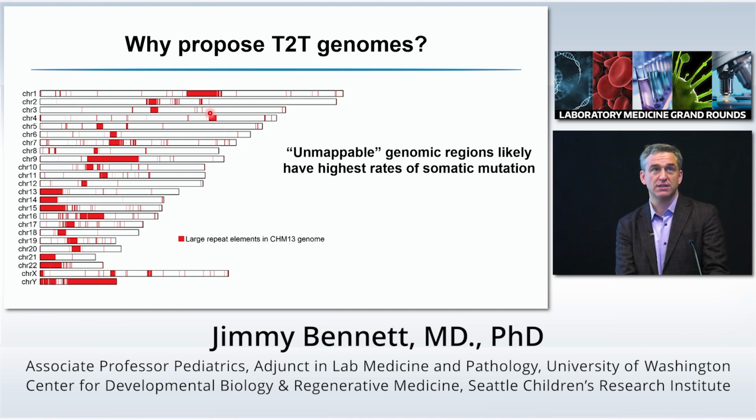You can see this enrichment in segmental duplications and a lot of centromeres. But even though these regions are often ignored in a lot of clinical diagnostic sequencing, they do have disease implications, and I do believe, for the exact same reasons they're hard for us to sequence, they're hard for the cell to accurately duplicate, and so they are probably some of the regions that will have the highest rates of somatic mutation. So I am going to end there.